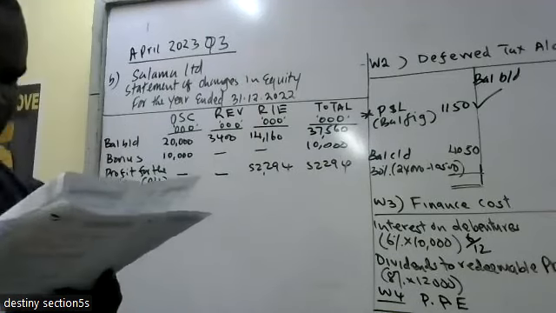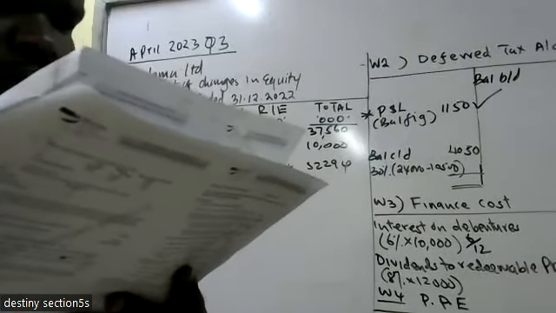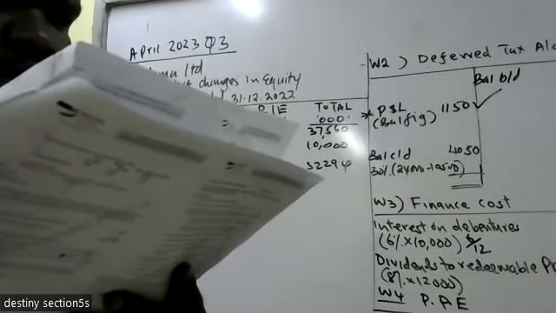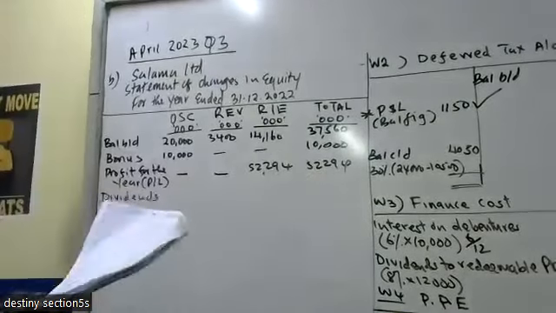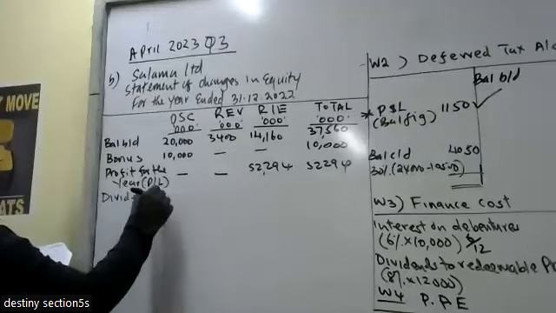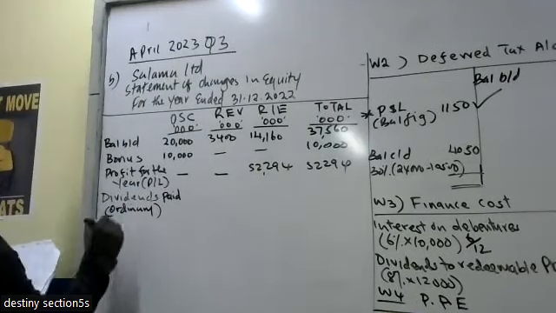Note number 7. But remember, the dividends you're bringing here are the dividends paid, ordinary. Only ordinary, not preference.